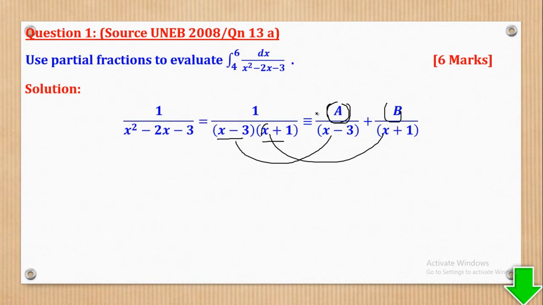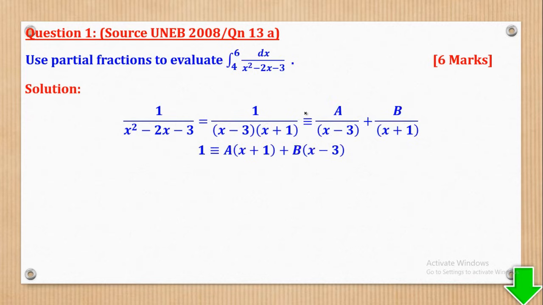Then you realize that this is an equivalent sign. From there, I'll skip the step of getting the LCM because my interest is the terms in the numerator. So the numerator, this side, will be this. Then this side will be this times this, which gives you that, and this times this, which gives you this.